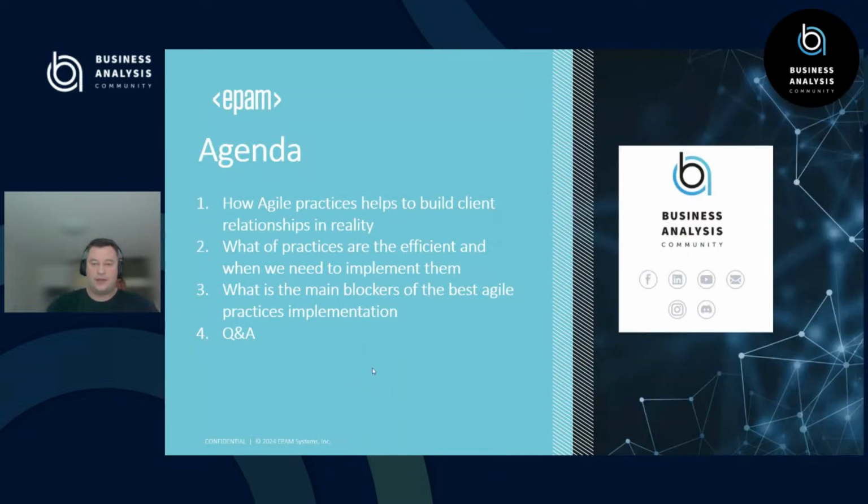Also, I prepared the agenda for this webinar. The first point is about how agile practices help to build client relationships in reality. We are going to talk about that a little bit more broadly. Which practices are efficient, and when do we need to implement them? As usual, you won't leave our webinar without a checklist of something useful for you.